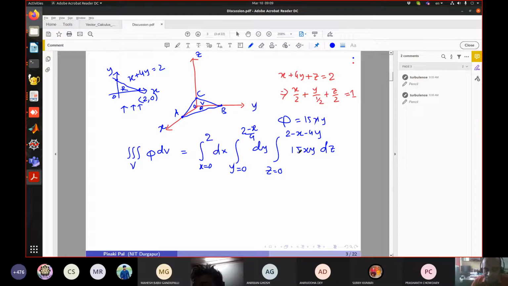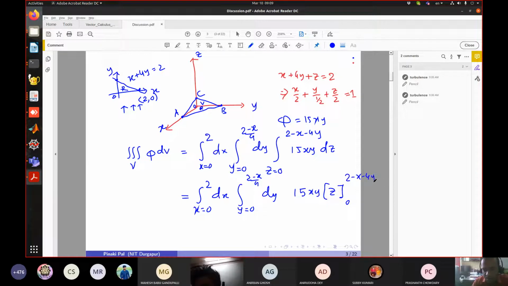So 15xy will come out of the integration operator, and eventually we'll get x equal to 0 to 2 dx, y equal to 0 to (2 minus x) by 4 dy, and 15xy will be there, and the integration of dz with limit 0 to 2 minus x minus 4y.